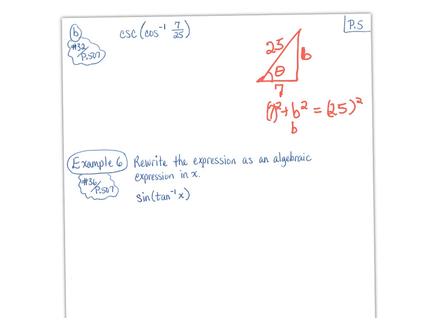So that means b squared is 25 squared minus 7 squared, or b is the square root of 576, which you got to be 24. And then what did you do from here? And then I got stuck. Okay, who wants to help from there?